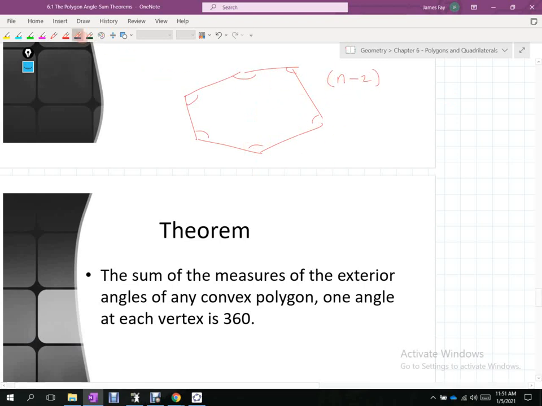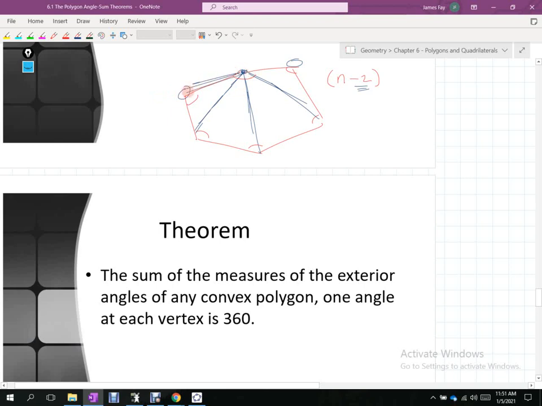And what n minus 2 does is it's really calculating the number of triangles that are created when I connect non-consecutive vertices with these diagonals. And that minus 2, essentially, if you think about it, it's the removal of those two consecutive vertices from this one, okay?